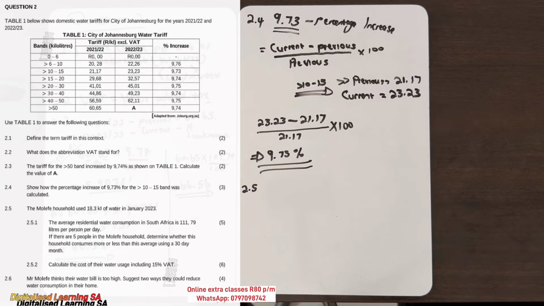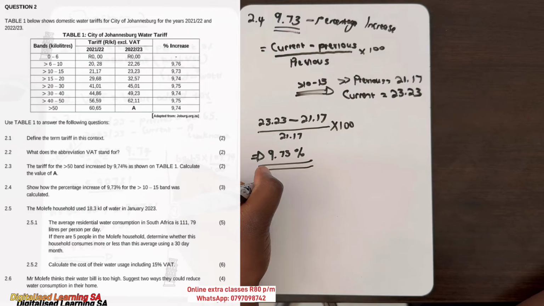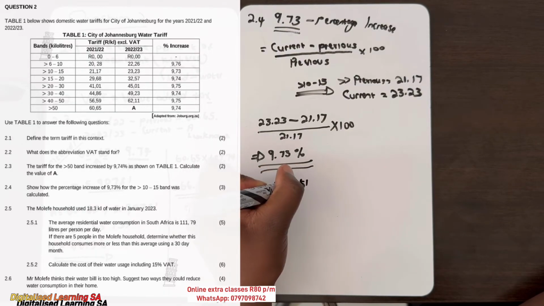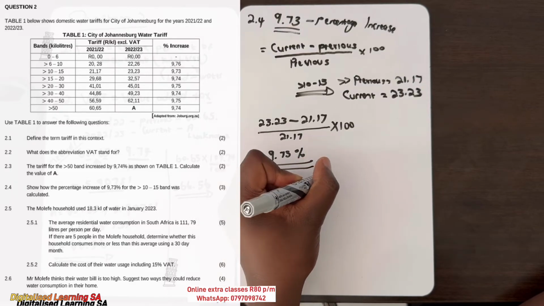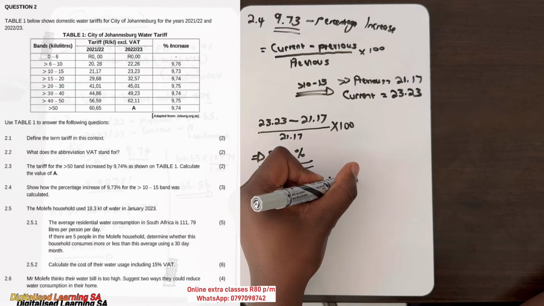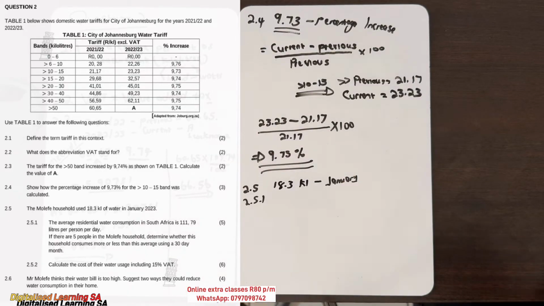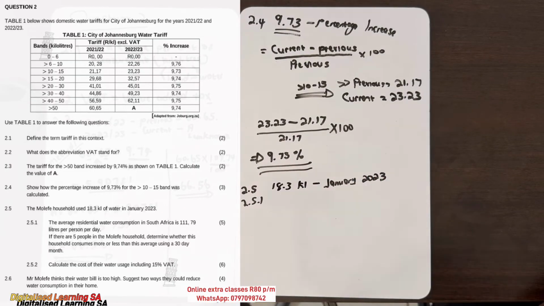And then we have 2.5.1, which we are going to start with. So from 2.5, we know that this family used 18.3 kiloliters of water in January 2023.